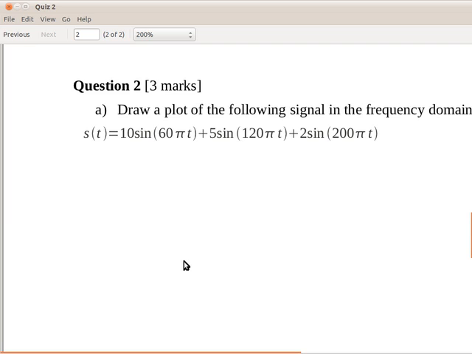The pi's cancel out and the t's. 2f equals 60. It means f equals 30 hertz. The frequency of the first component is 30 hertz.